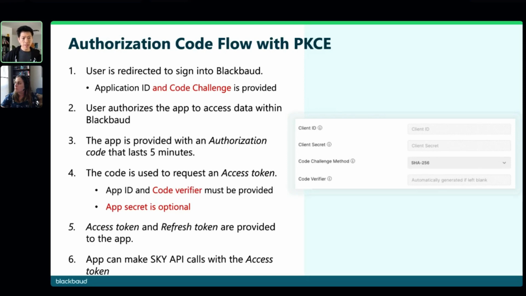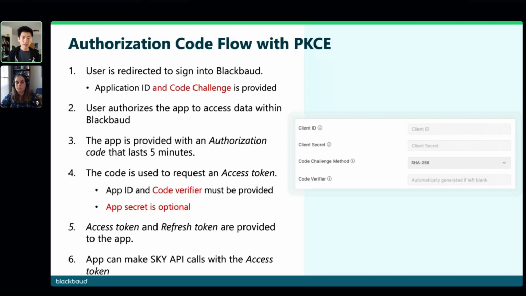So the user authorizes the app, and then the app gets the authorization code. And then in step 4, the app ID and the original code verifier value that was used to create the code challenge is provided to request the access token. With Pixie, the app secret is then an optional value, but in most cases, it should be provided.